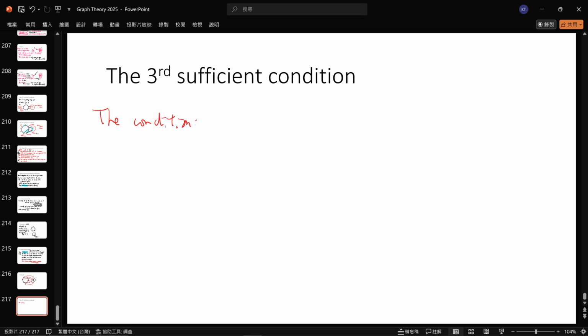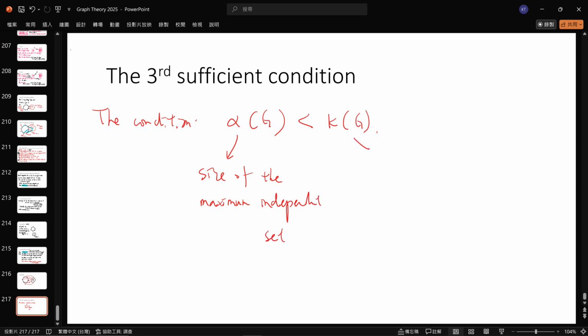So the condition is when alpha G is less than kappa G. Okay. So this is the size of the maximum independent set, and this is the connectivity.